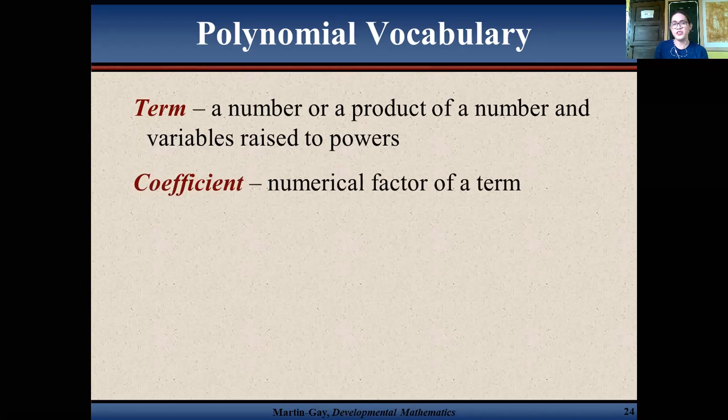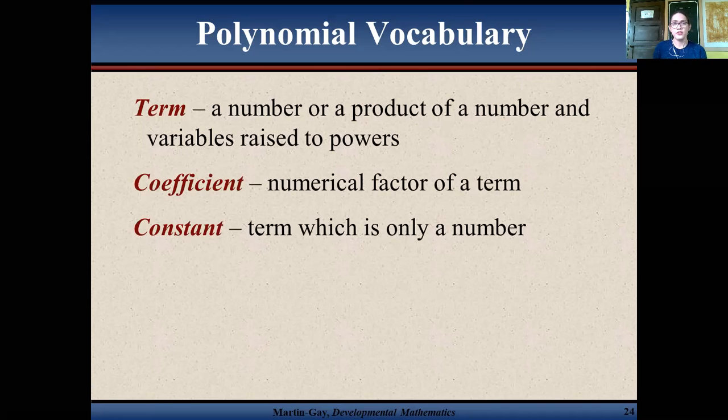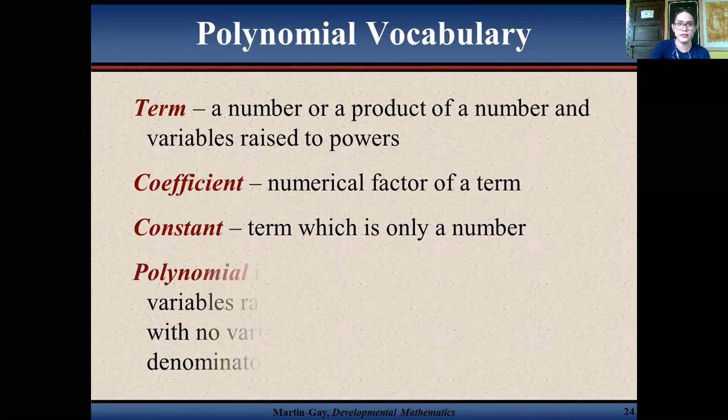When we say coefficient, that is the numerical factor of a term. Example, 2x: 2 is the numerical coefficient of the term. Please do not forget. A constant is a term which is only a number, so there is no variable included in the constant term. Do not forget that, constant.